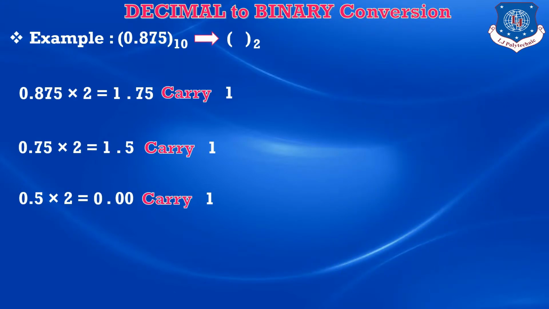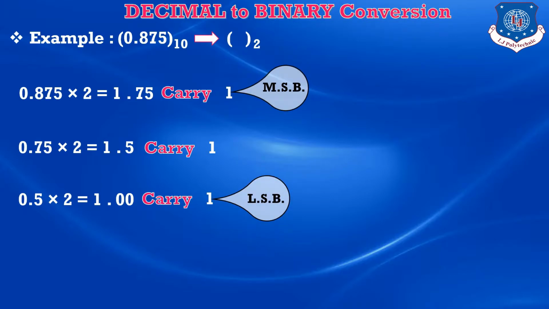Now we assign LSB and MSB to the remainders. Dear students, listen carefully. There is a change in position of LSB and MSB. Here, MSB is the uppermost remainder and LSB is the lowermost remainder. The arrow indicates the position of the remainders for the answer.